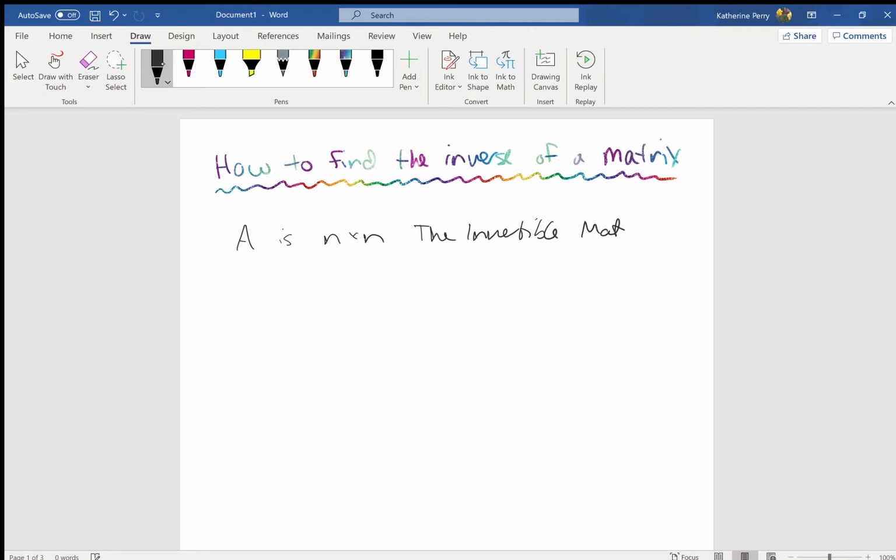If A is n by n, then the invertible matrix theorem tells us when A is invertible. There were 12 equivalent things listed, one of which being that A is invertible.